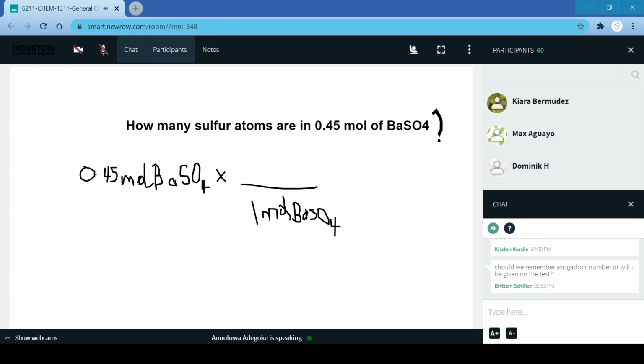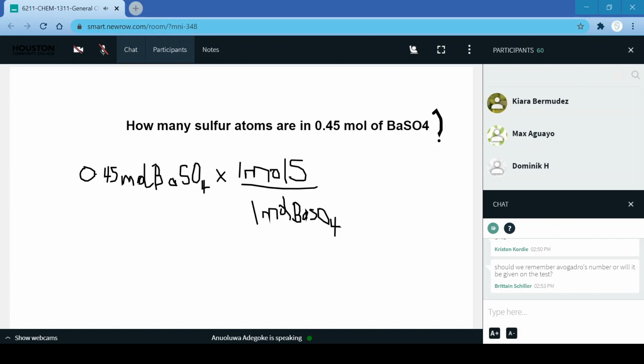It's just 1 mole of sulfur atoms because we have just 1 sulfur there. So 1 mole of barium sulfate contains only 1 mole of sulfur. 1 mole of barium sulfate also contains 1 mole of barium, and 4 moles of oxygen. So to know how many moles it contains, we basically just count how many atoms. So 1 mole of barium sulfate contains 1 mole of sulfur.